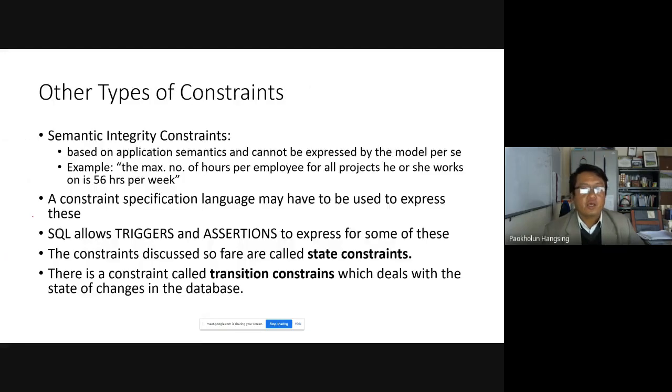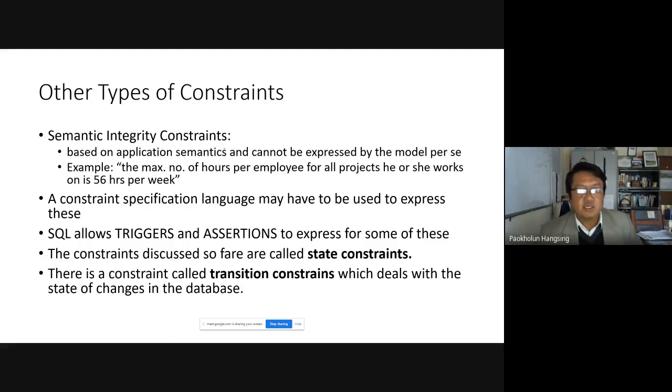There are other types of constraints, like the semantic integrity constraint, which is based on application semantics and cannot be expressed by the model per se. That means the data definition language, or the design of the database schema itself, cannot be used to define these constraints.